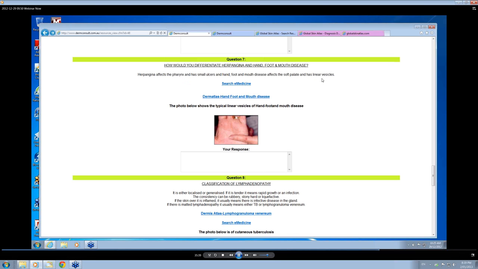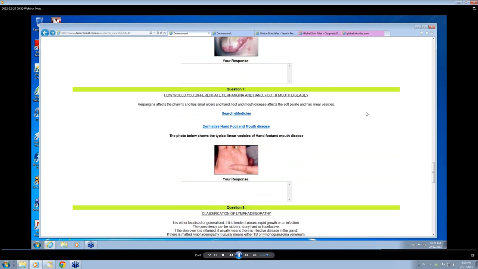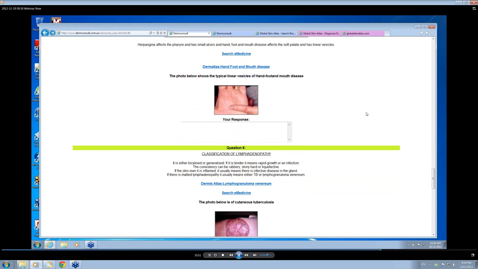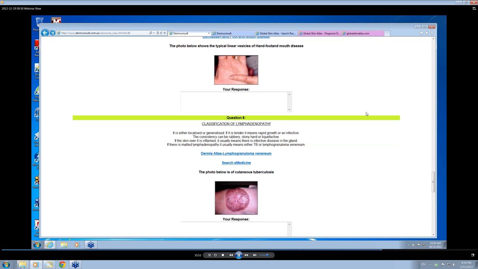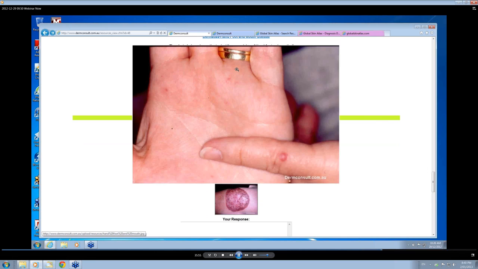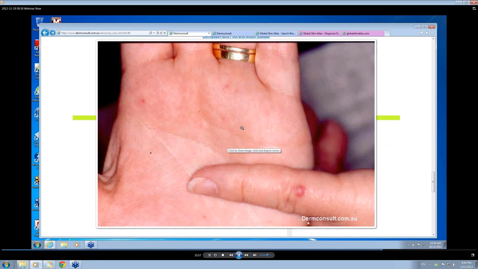Certainly it doesn't have the linear vesicles that hand, foot and mouth does. And obviously, you examine elsewhere, if they've got lesions in the hands and feet, then they've got hand, foot and mouth disease rather than herpangina. I think they're all Coxsackie type viruses. This was just a little photograph. Well, it's hardly elliptical, is it?